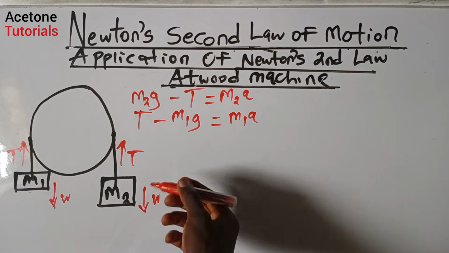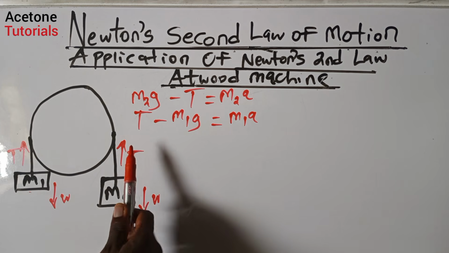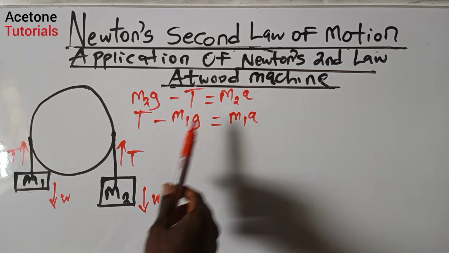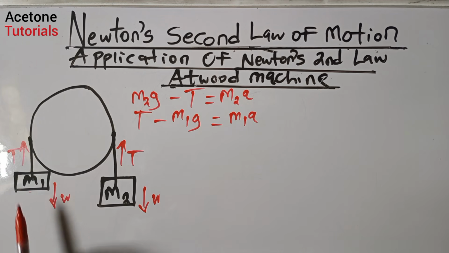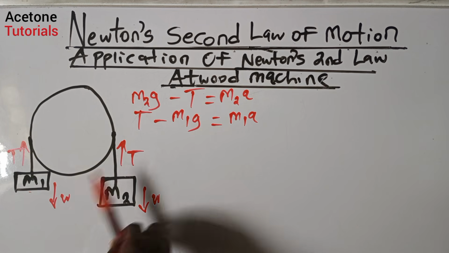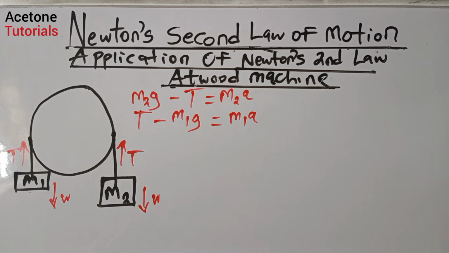For this, the weight is greater, so the net force is m2g minus the tension equals m2a. For this, the tension is greater, so the net force is tension minus the downward force, m1g, equals m1a.